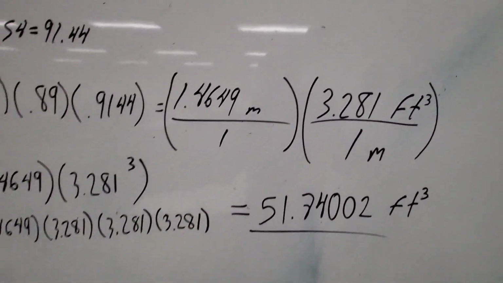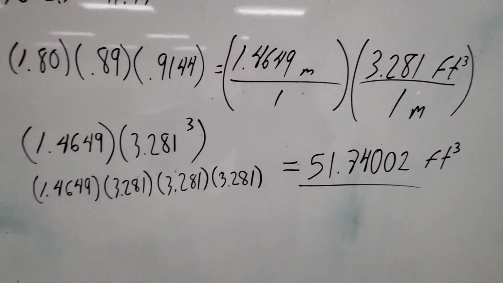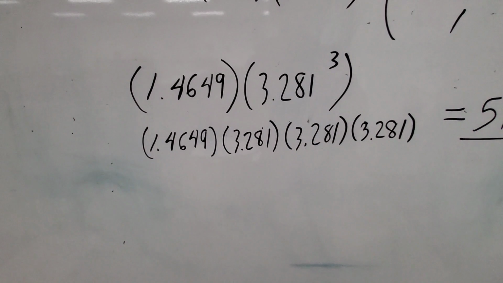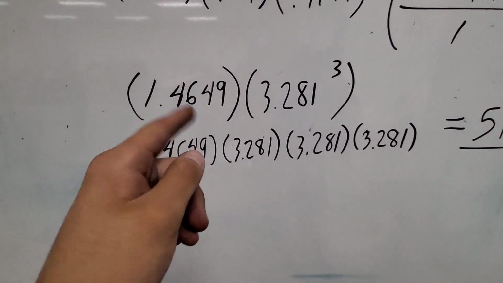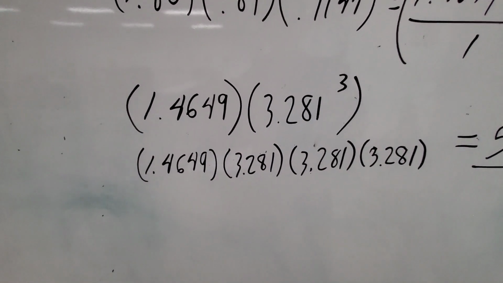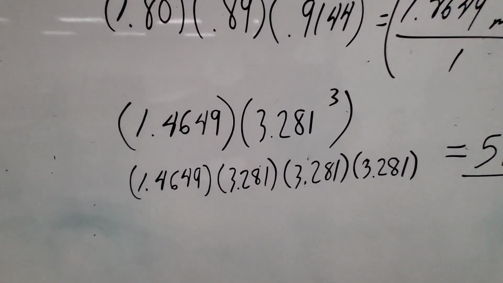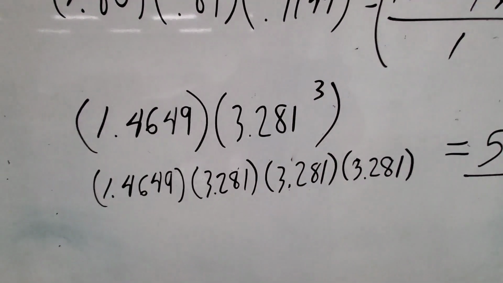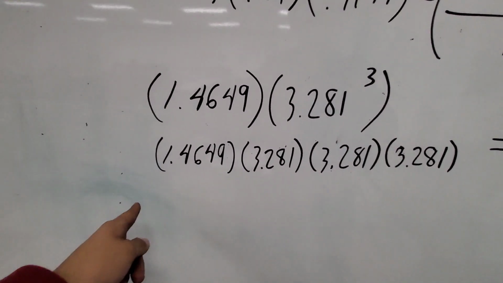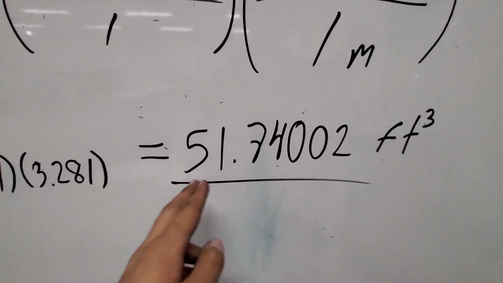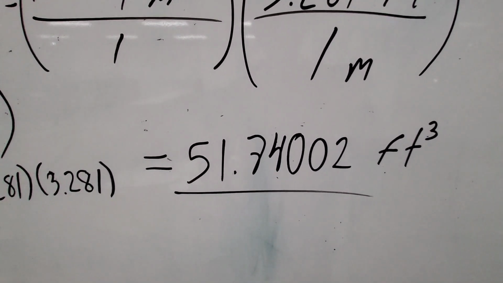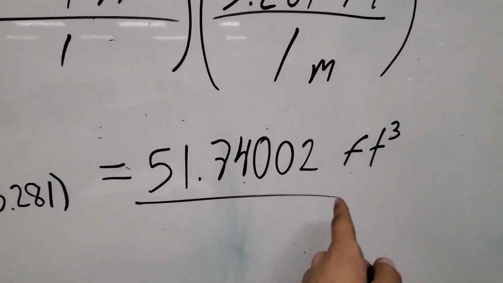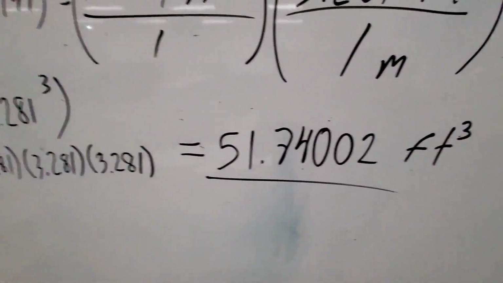So this is the procedure, and after that we only cancel and simplify, and this will be our operation: 1.46 times 4.649 times 3.281 to the 3, and the result is 51.74002 feet cubed, and that's my third mistake.